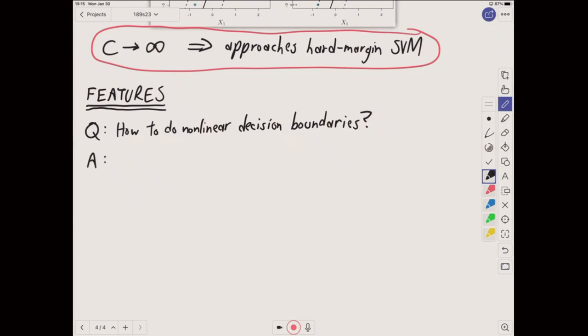So how do we do nonlinear decision boundaries with a support vector machine? Well, what we do is we add new features to our data points. Nonlinear ones. This is really easy to do. And when we take a training point and add new features to it, essentially we think of that as lifting the point into a higher dimensional space.